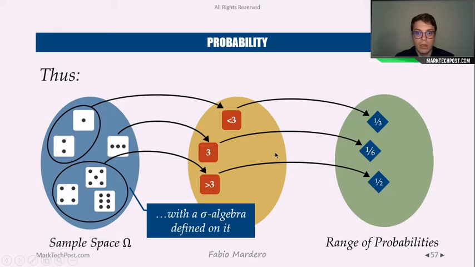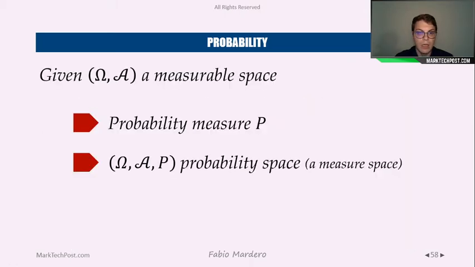On the right side, the green set, for now, will be called the range of probabilities. So, given a measurable space, we define a measure on it, the probability measure P, and omega, the sigma algebra on omega A, and the measure on the measurable space P will be our probability space, which is, of course, a measure space.